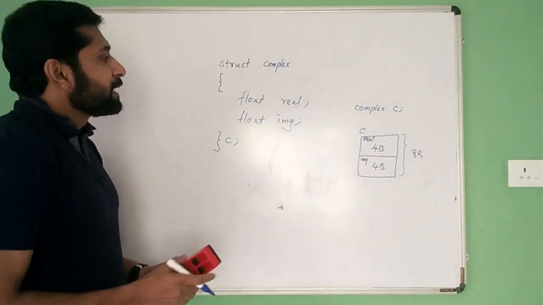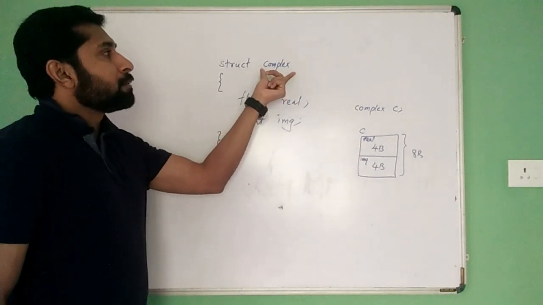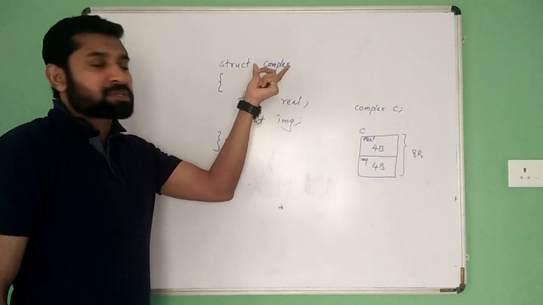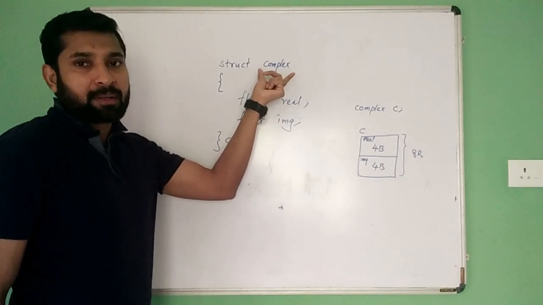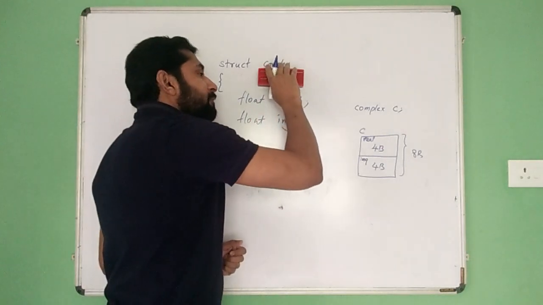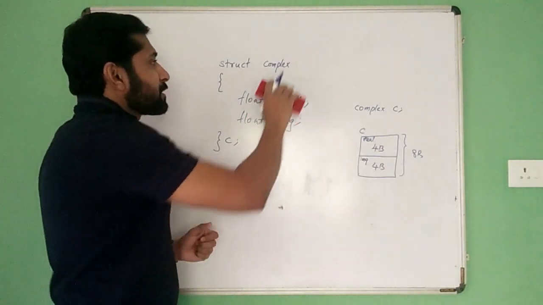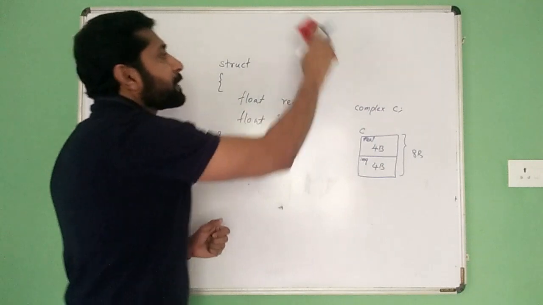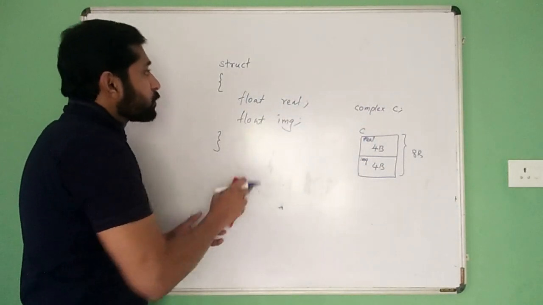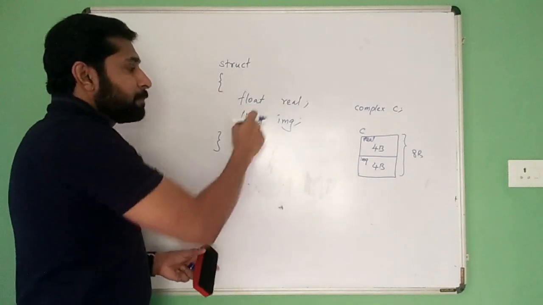Now the next question: is this structure tag part or structure name part compulsory? The answer is this part is not compulsory. We can also define a structure without this structure name. Now suppose we want to create two variables of this type.